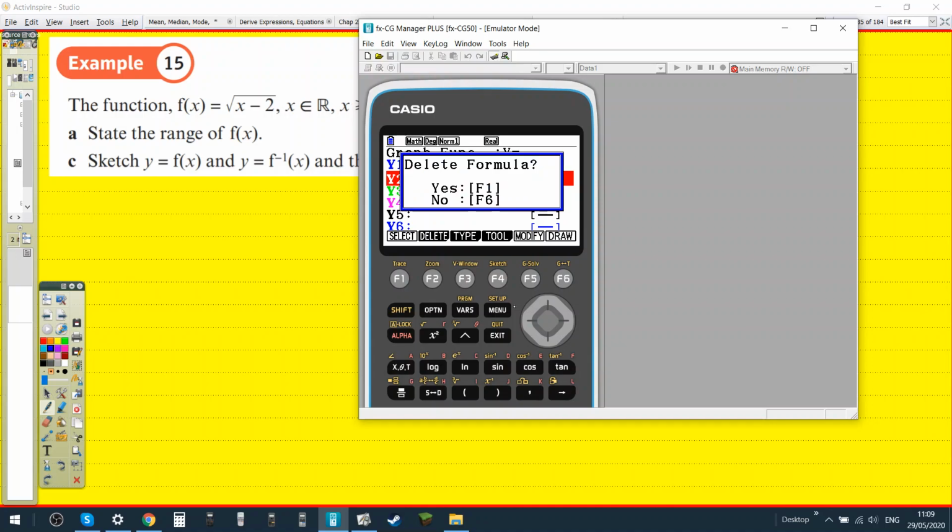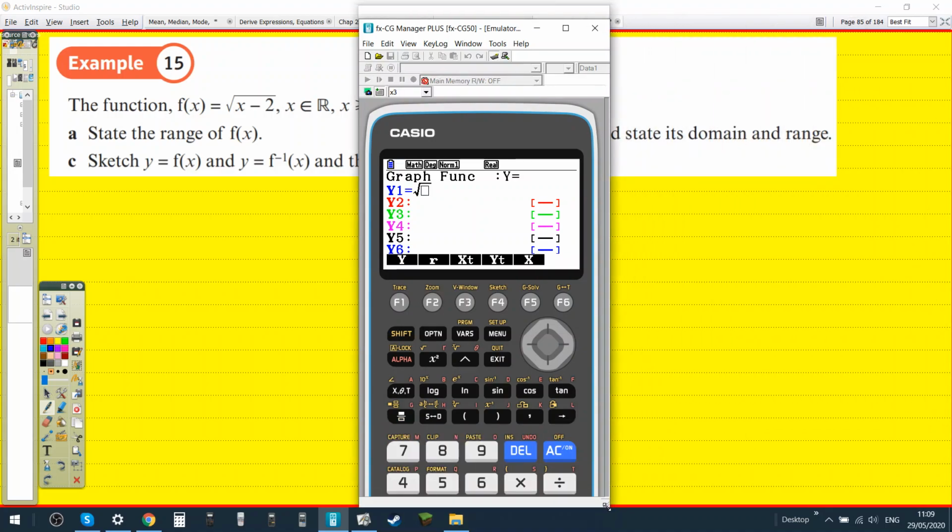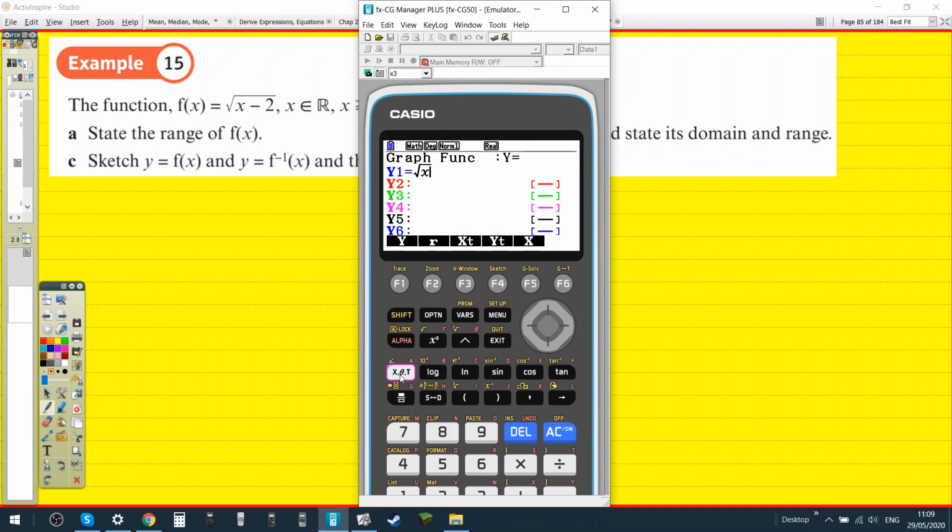I'm just going to delete this stuff. Shift square root. Do I just need to go along the line on the graph and then? I mean, just by looking at it. Yeah. What can y be? What can y not be?